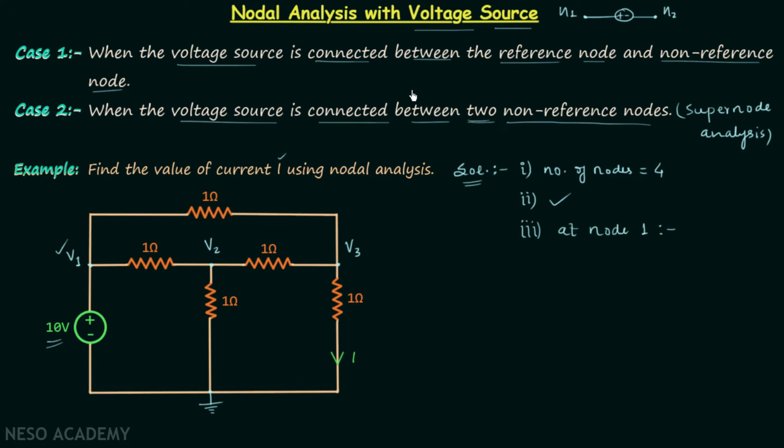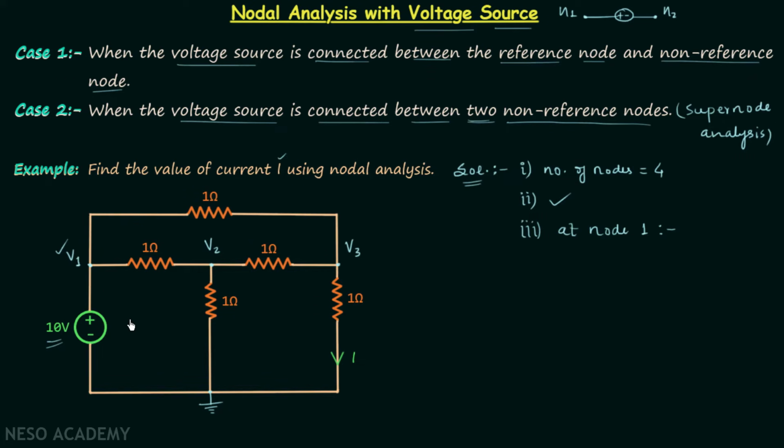So whenever there is a voltage source directly connected between the nodes, the complexity of the nodal analysis reduces. Why? Because we are not required to develop all the equations, and we can have the voltages with less calculations.